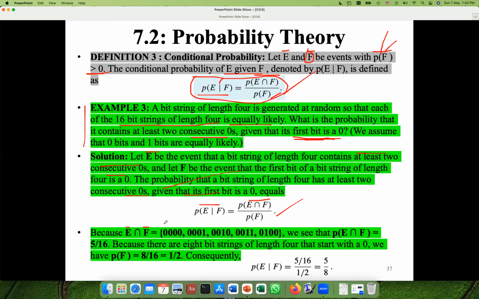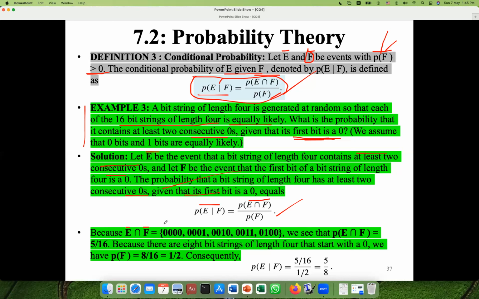And then you can understand: two consecutive zeros, this one or that one. And what was the other? F is start with zero. Starting with zero. And then what is that one?